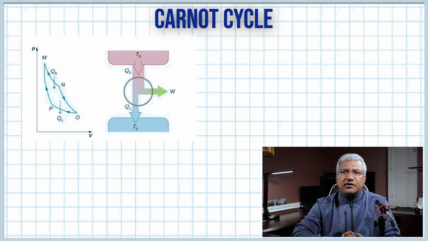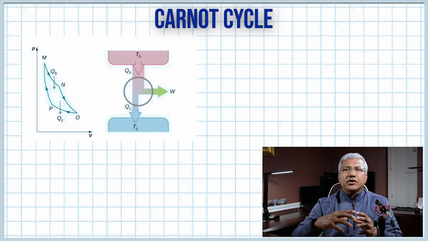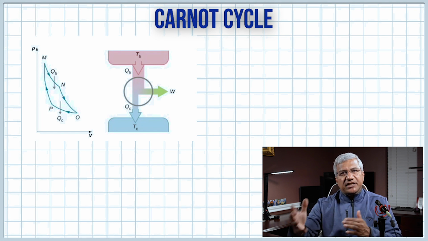In order to find the useful work done in the Carnot cycle, we have to find the area of this graph. So the area of this quadrilateral, so to say, would give you the useful work done, which is actually QH minus QC.